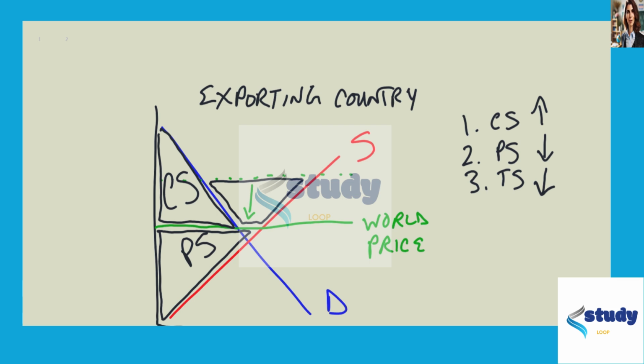So that would be the difference between an importing and an exporting country. So the importing country would be very happy that they're able to buy so much more clothing at cheaper prices. But the exporting country is in the exact opposite situation.